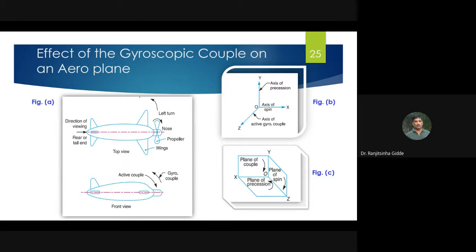The top and front views of an aeroplane taking a left turn are shown in figure A.